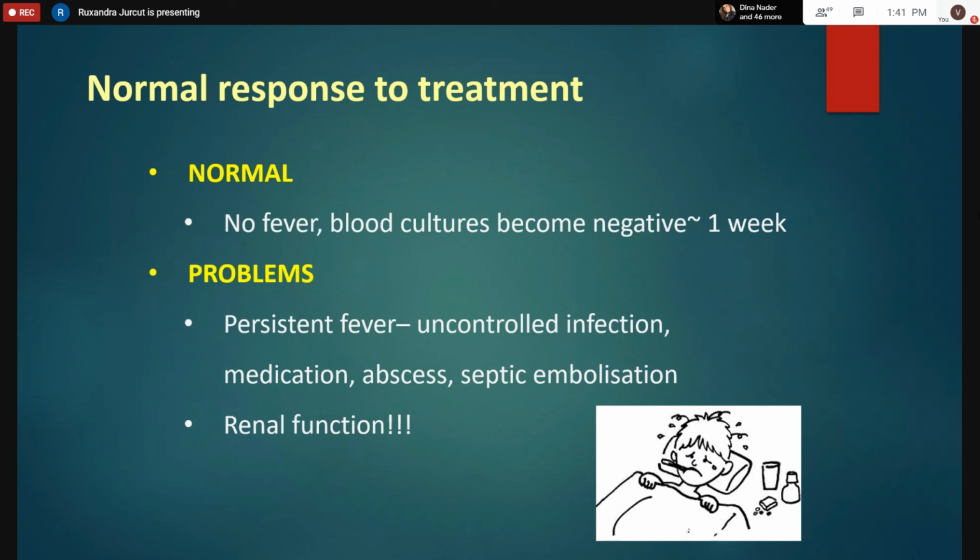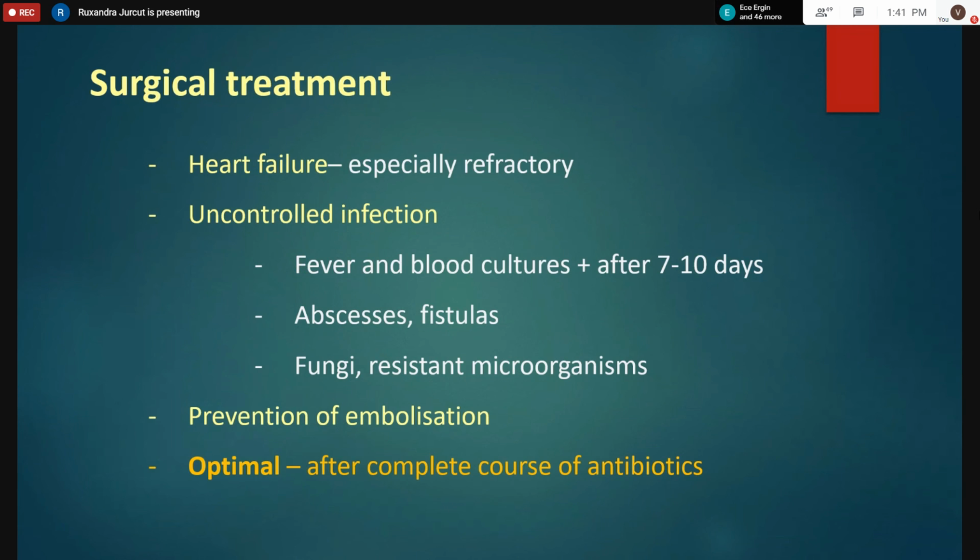And another problem that we should follow is renal function. Not only because the disease itself can affect renal function, but also because the antibiotics, especially gentamicin that you saw, might affect the renal function.